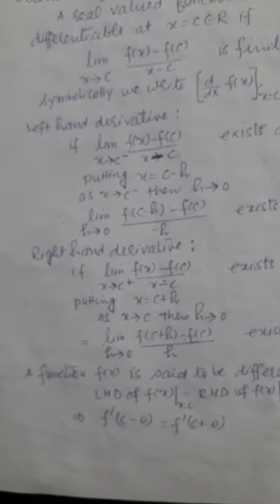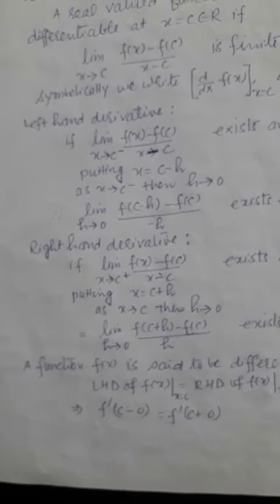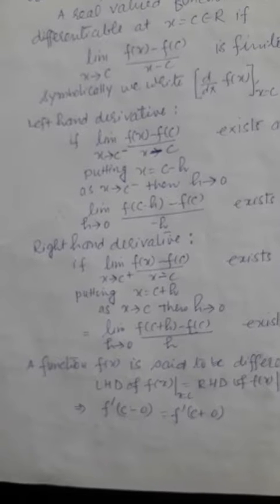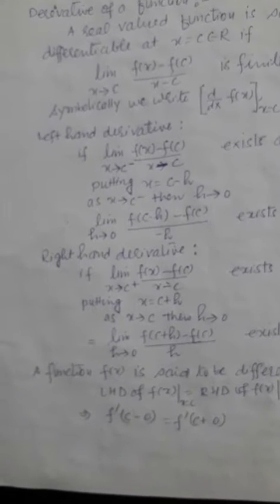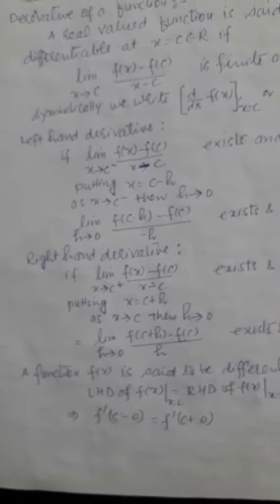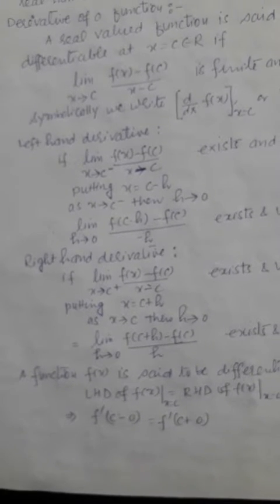Similarly, we can define the right hand derivative of the function. The limit of f of x minus f of c upon x minus c as x tends to c plus 0 exists, finite and unique. How can we say?